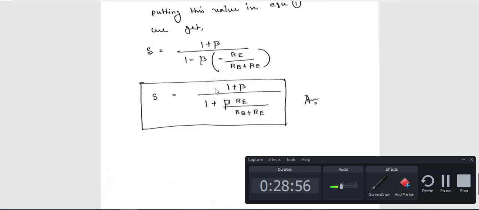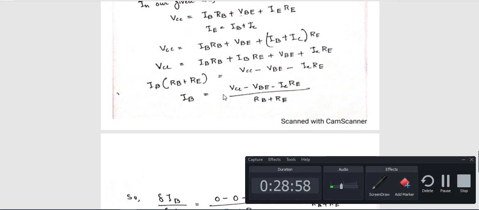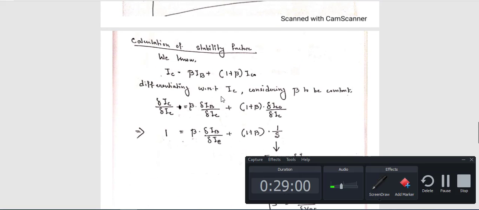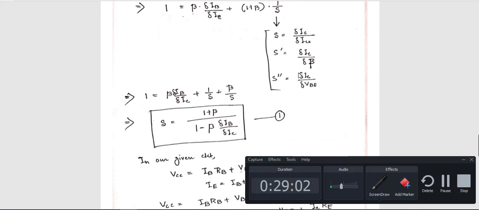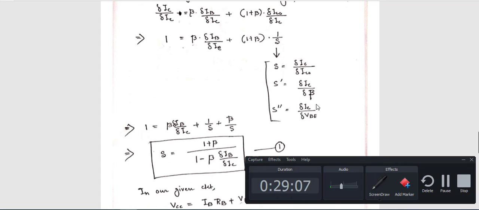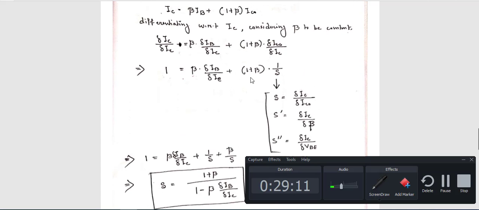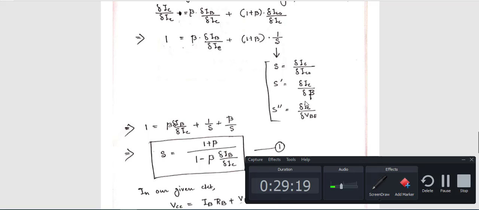Now in this expression, if I ask you to calculate S dash, what is S dash? Del IC by del beta. Okay, del IC by del beta, that means here you have to differentiate del IC with respect to del beta. Then again you get one expression after that, and you have to calculate S dash.